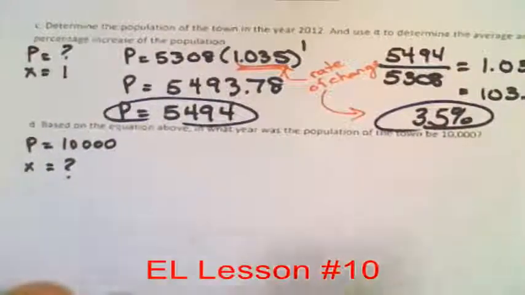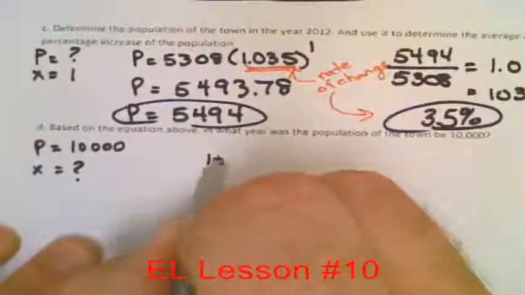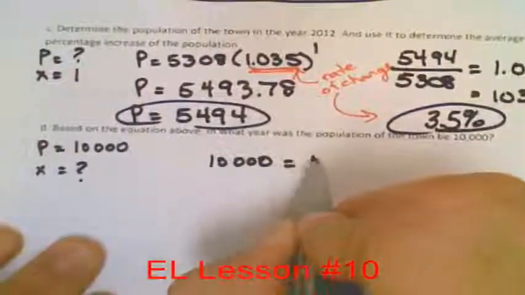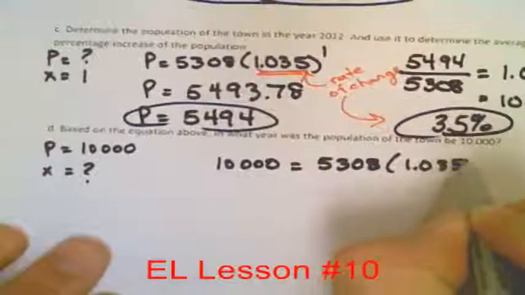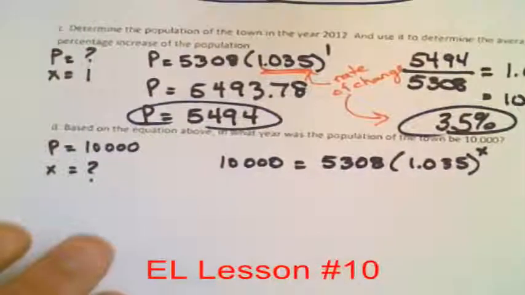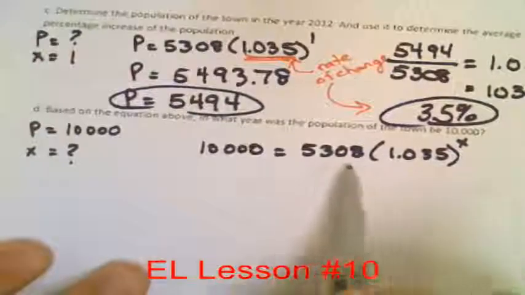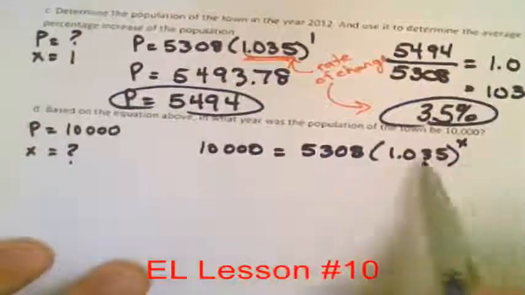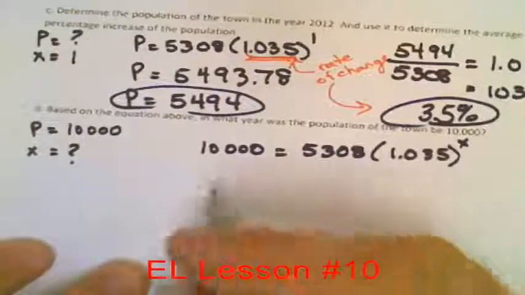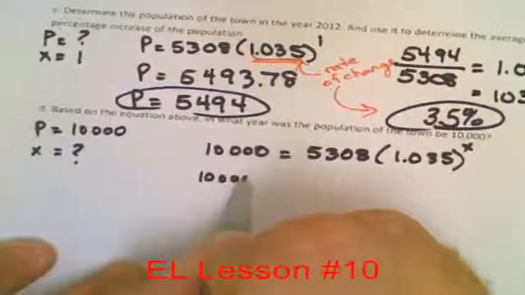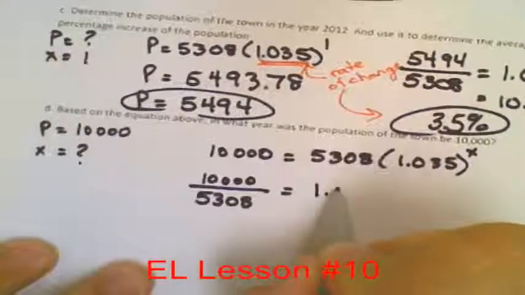Okay? Going through using this idea, D, and it's a little bit cramped now, but D, based on the equation above, in what year was the population 10,000? Well, I have two unknowns, population and X. This time it wants to know the year, and it's telling me the population of the town is 10,000. So the equation is P, but P is 10,000, equals 5,308 times 1.035 to the power of x.